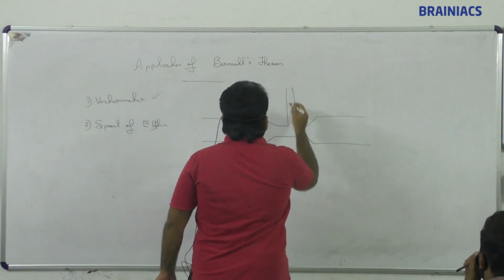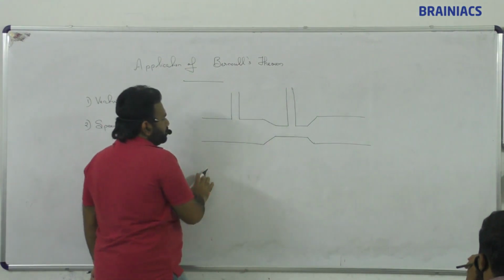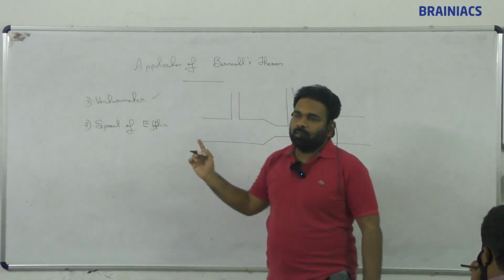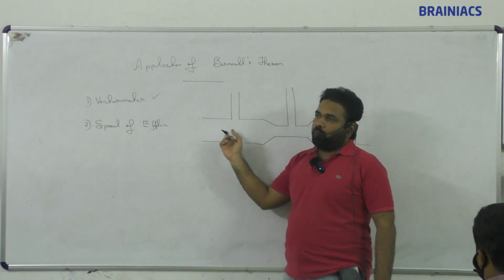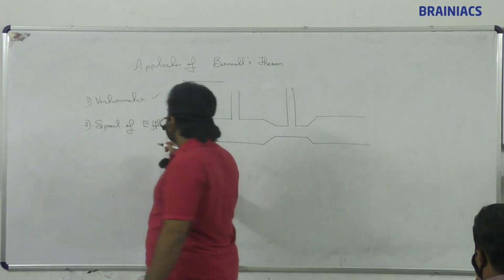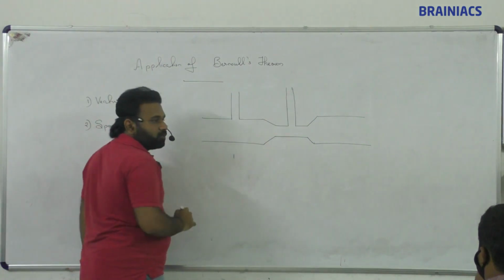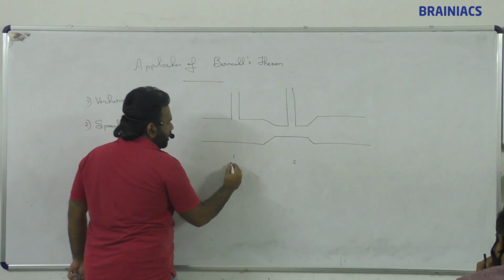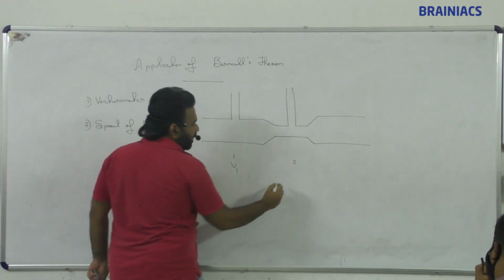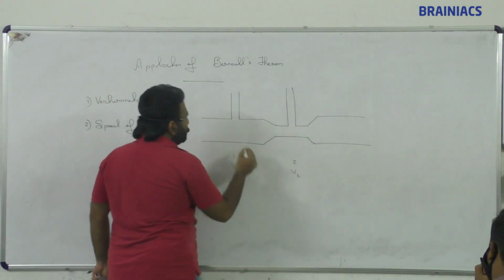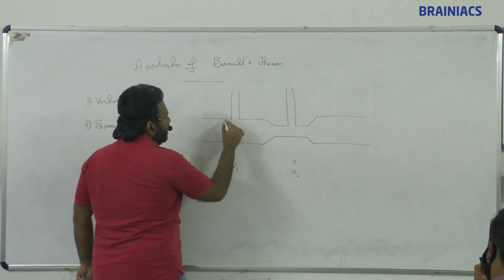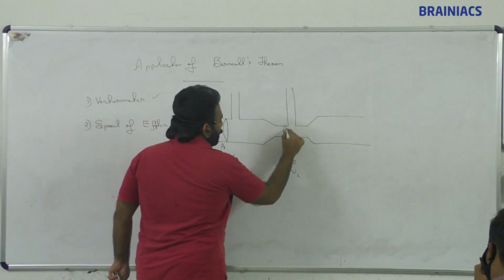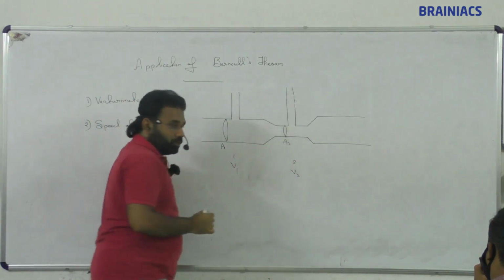Here the area is more. What will be the velocity? Suppose we consider this point as 1 and this as 2: here the velocity will be v1, here v2, and the area of cross section a1 here and a2 there.